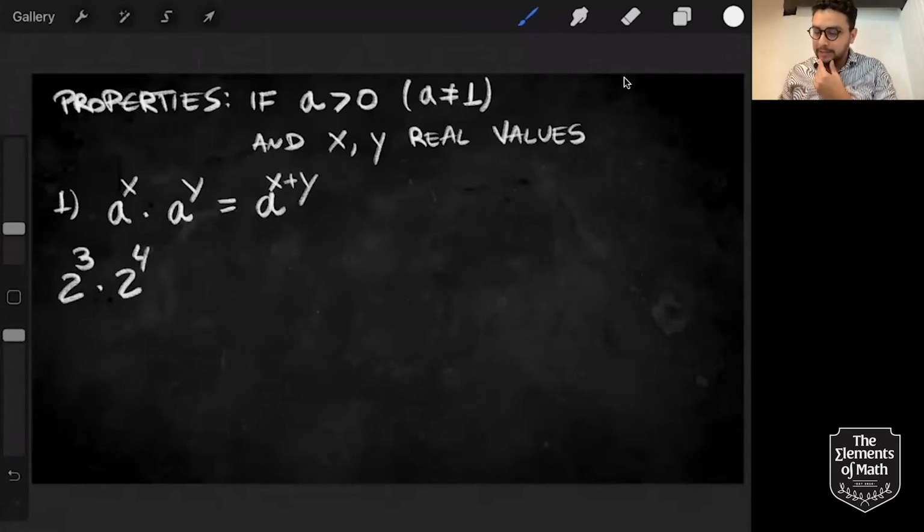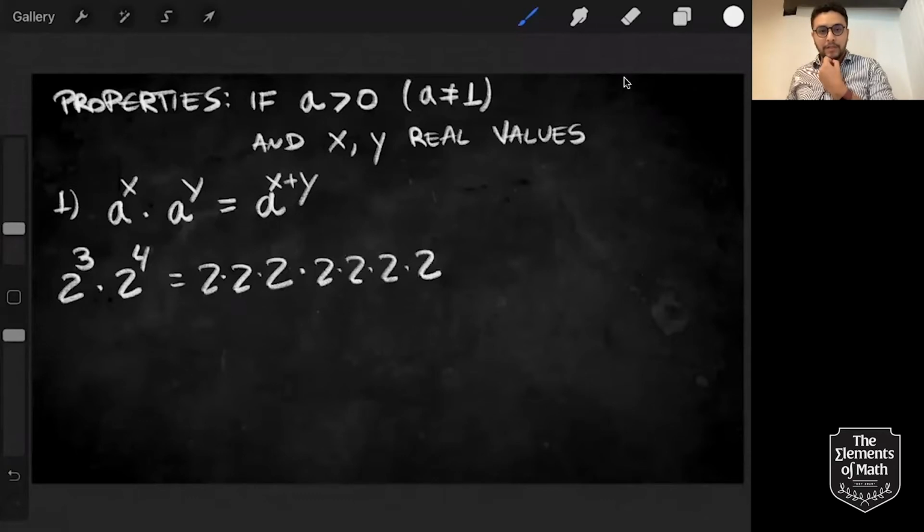So 2 to the power 3, I'm multiplying 2 by itself 3 times. 2 to the power 4, I'm multiplying 2 by itself 4 times. So in total, I'm multiplying 2 by itself 1, 2, 3, 4, 5, 6, 7 times. So that's 2 to the power 7. But 2 to the power 7 is the same as 2 to the power 3 plus 4.